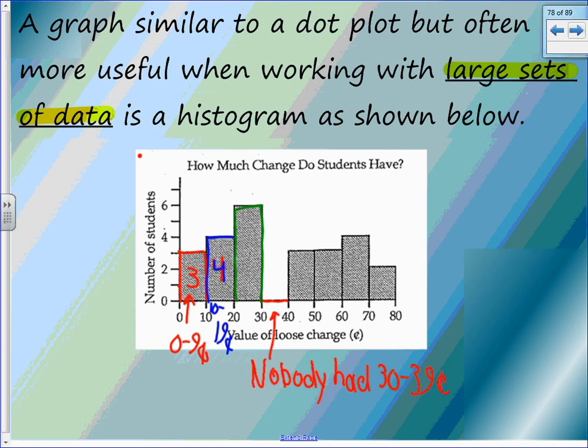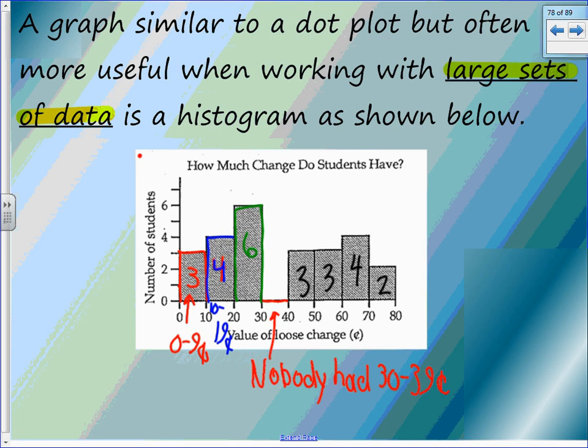Now, looking at a histogram, we can count how many students there are still, just like you guys counted the dots before, because this is 4, this is 6. Here we have a bunch of 3s, so 3, 3, 4, and then 2. And if we add those up, because it's based on the other data, we should still get 25.